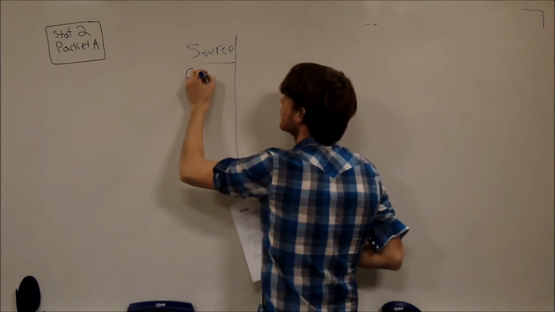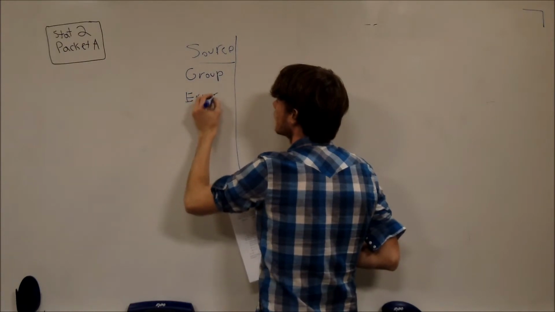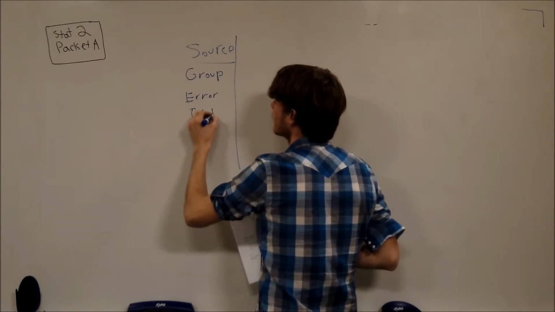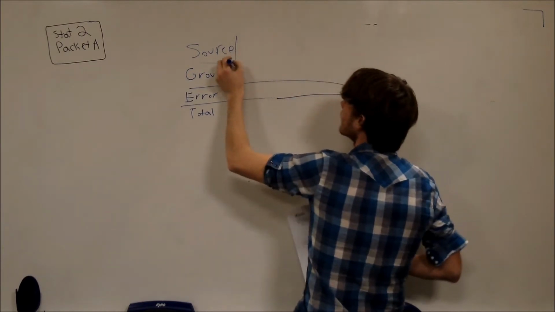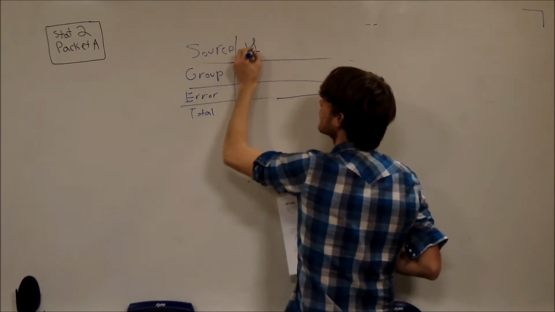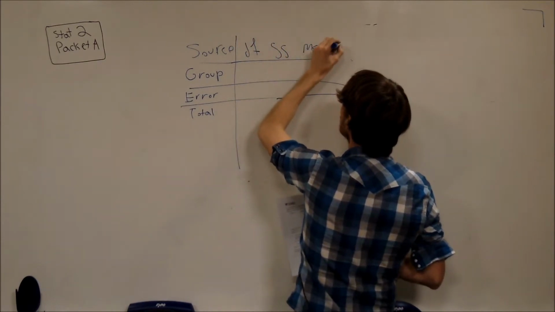We have rows for group, error, and total, and columns for degrees of freedom, SS, MS, and F.